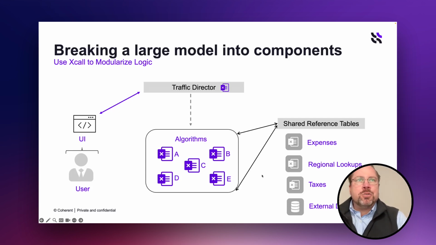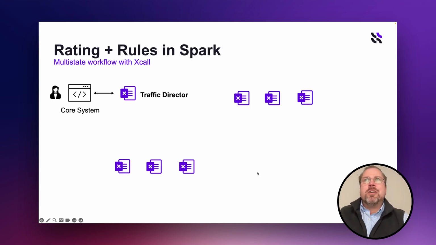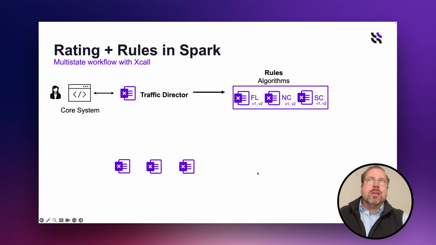All right, let's do one more. Here's a scenario that you might run into in a multi-state workflow. Let's say you've got like a commercial property policy that you're trying to price. The first thing you're likely to do is run it through some rules algorithms, some eligibility rules that, accept, refer, decline kind of stuff.